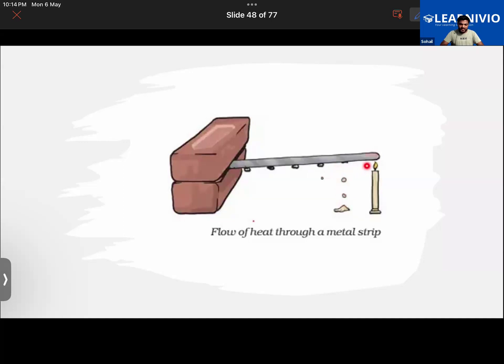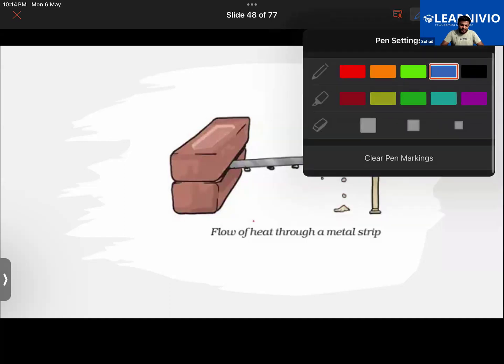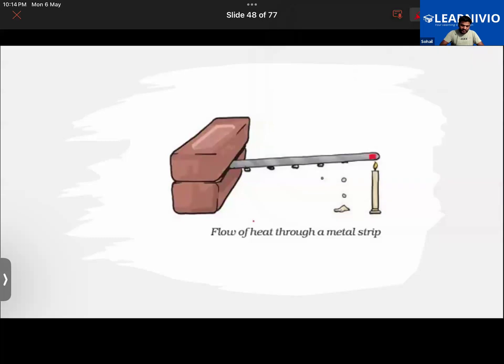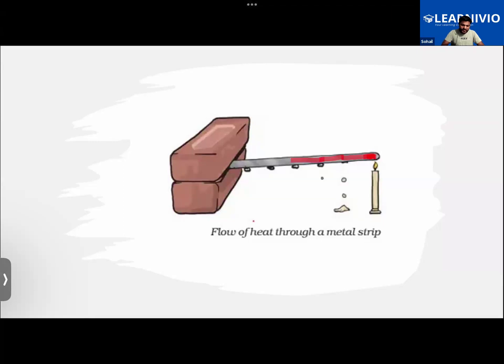Right now, this end is slightly hot. After some time, this end will also start to become hot. So something that was sticking to this end, due to the rise in temperature, detached from it and fell. As heat rises further, this also started to fall, and heat will continue to flow through it.